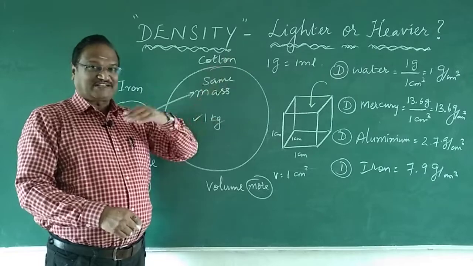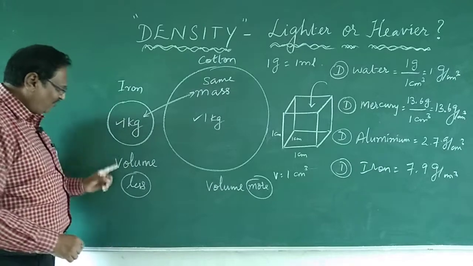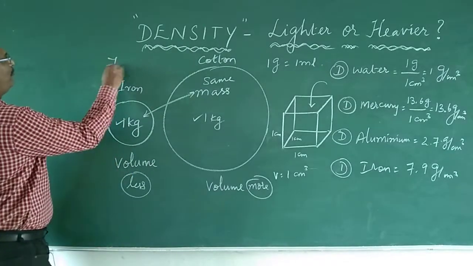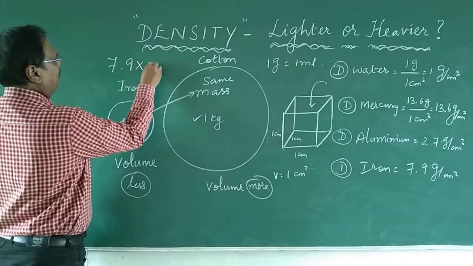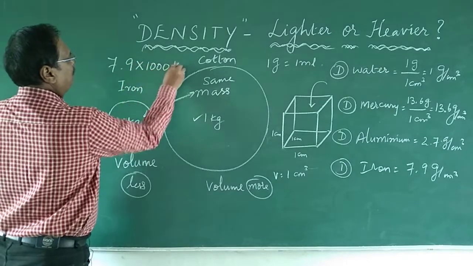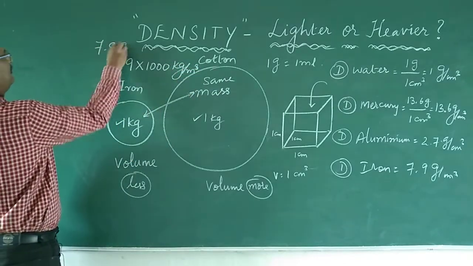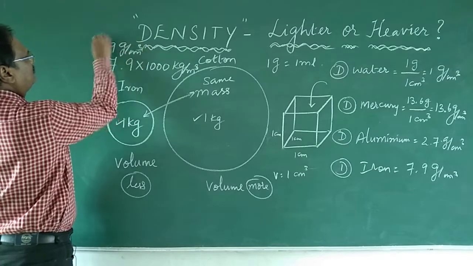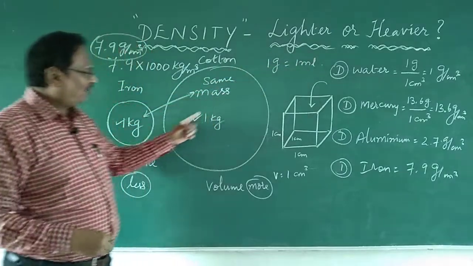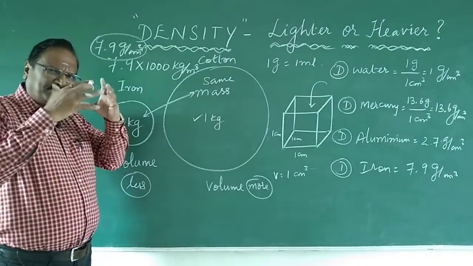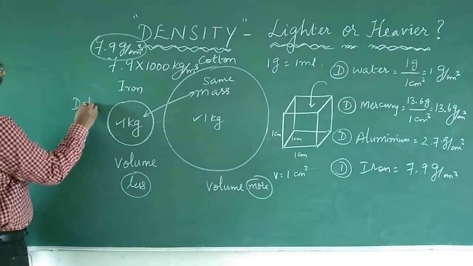Now, connect with the density, because density of iron is 7.9 multiplied by 1000 kg per meter cube, or simply 7.9 gram per cubic centimeter. This is heavy. But cotton is loosely packed, and mass is same. Density is equal to mass upon volume.